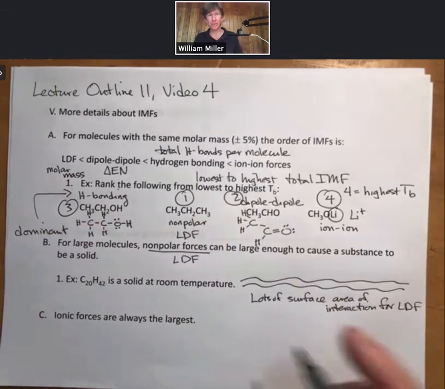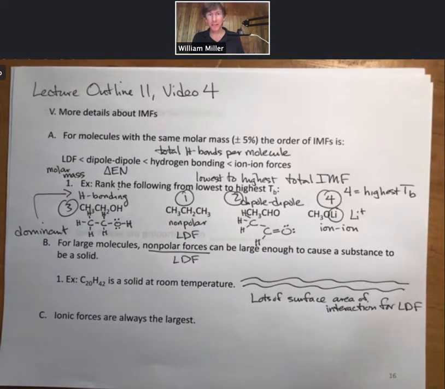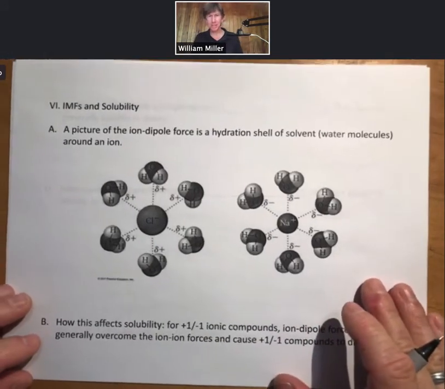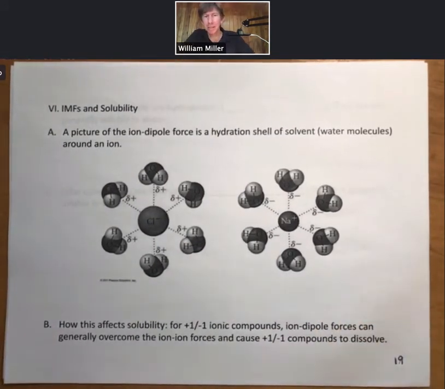And then nonpolar has random fluctuations leading to instantaneous dipoles. Those are the weakest. Now, okay, so that's the main 4, and those are always the answers for boiling point questions, for all those properties we started out with in lecture outline 11 video 1.